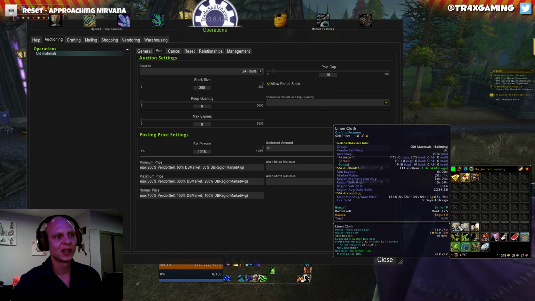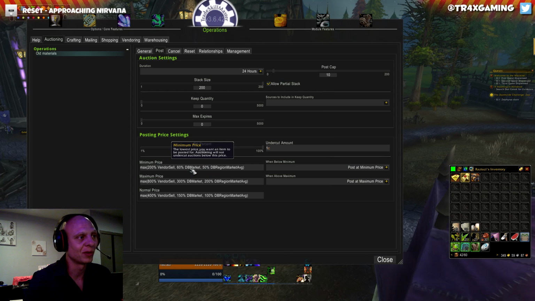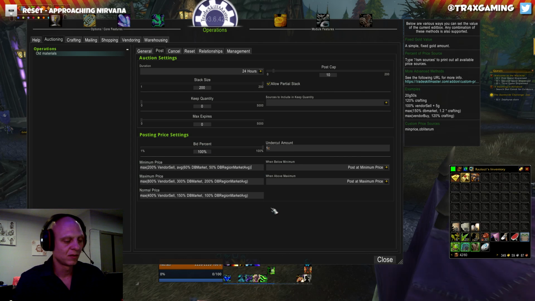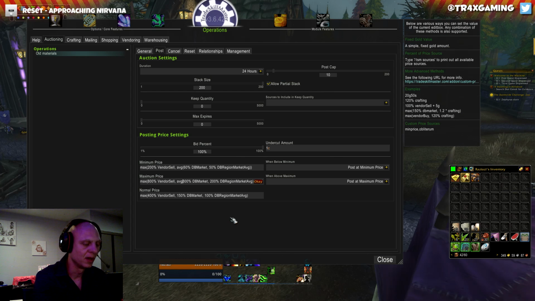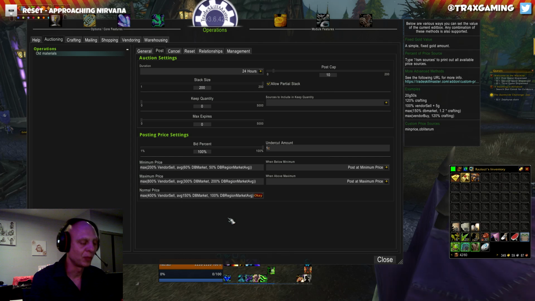After 2 weeks, my market price would be so high, and then in comparison with the region market value, which would be significantly lower, this is still not going to work because it's going to take the highest value. So what you can do is average DB market, DB region market average, and you do it for everything. It's just to be in control if weird things happen to your market price.